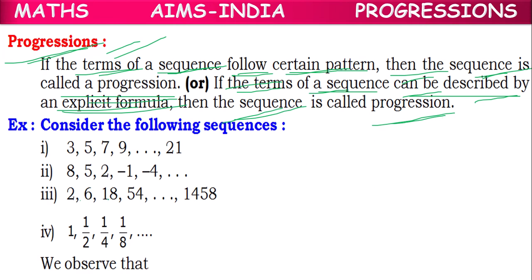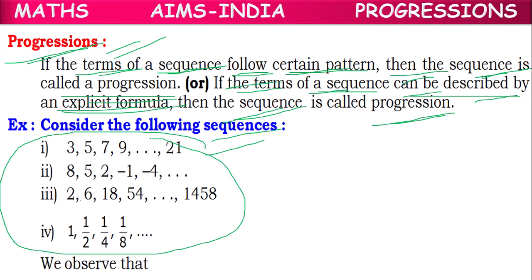If there is one particular formula between the terms, then that sequence will be considered as a progression. So here, all these sequences are considered as progressions.